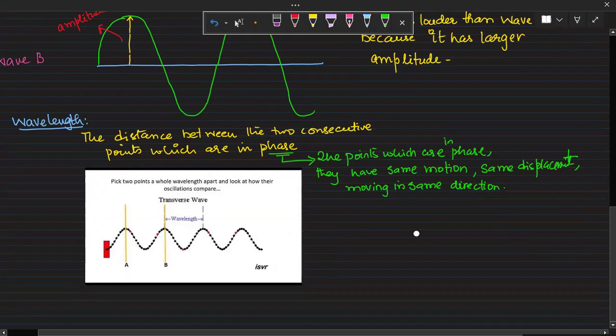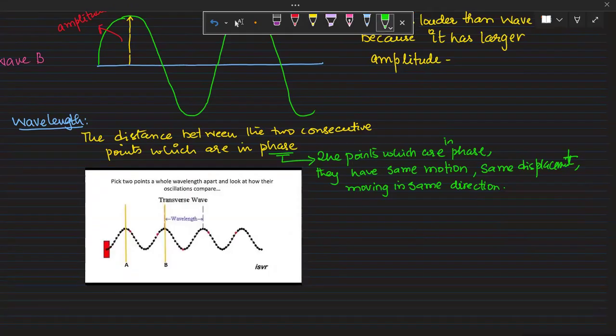All right. Now look at this one. You can take any two points. Osama, could you please pick any one point on the wave? Let me allow you to annotate. Yeah, please.